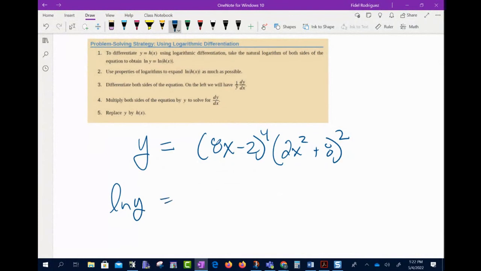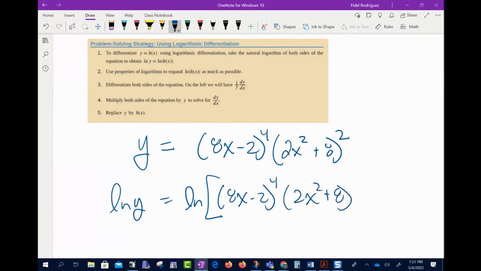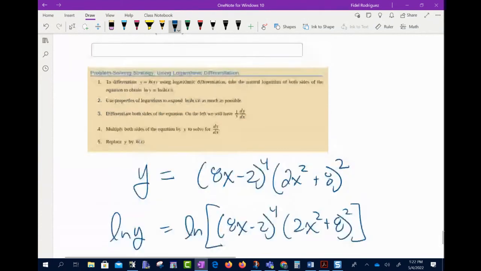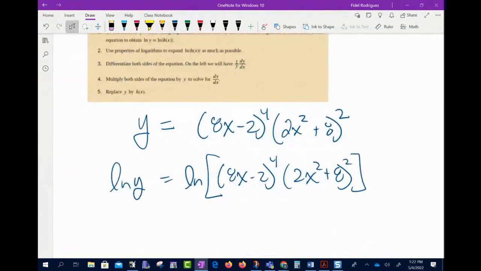Now we're going to take the natural log on both sides. So I'm going to have the natural log of y equals the natural log of 8x minus 2 to the fourth times 2x squared plus 8 all squared. Now it says use the properties of logarithms to expand this as much as we can.